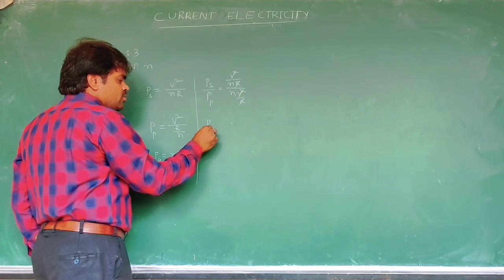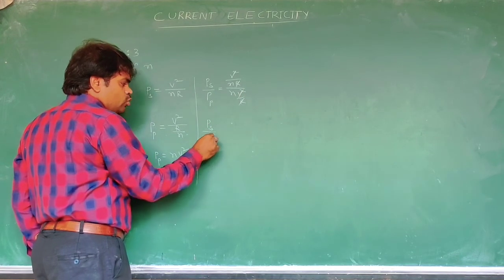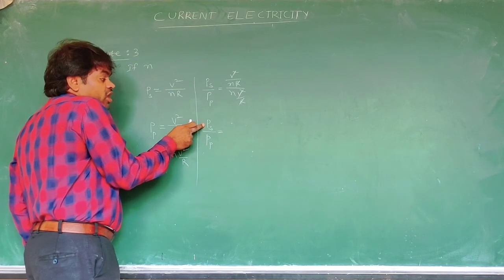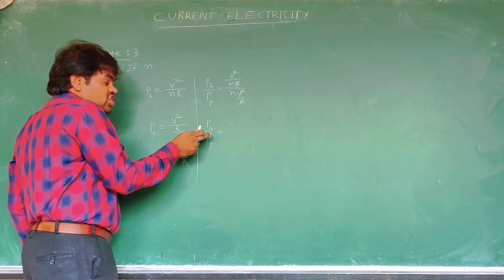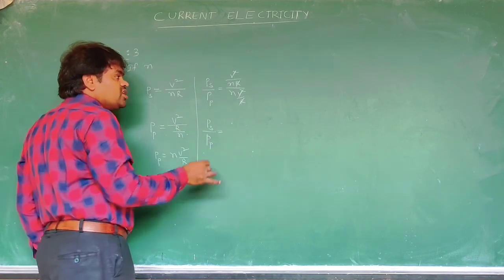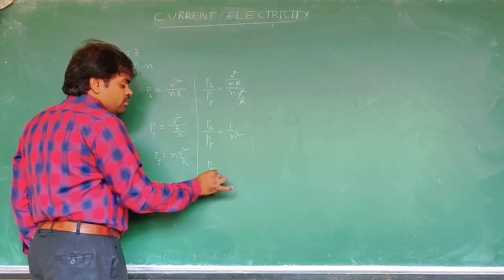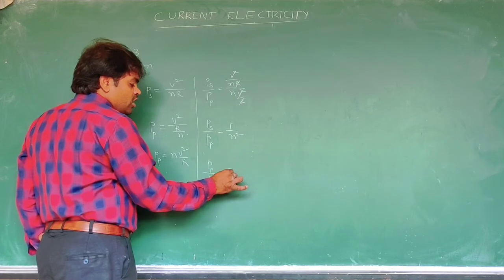The ratio of power dissipated in series to power dissipated in parallel, PS by PP, is equal to 1 by N square. That is, PP by PS is equal to N square.